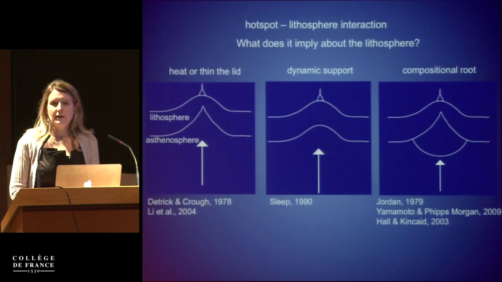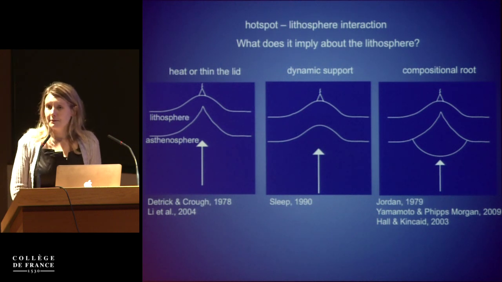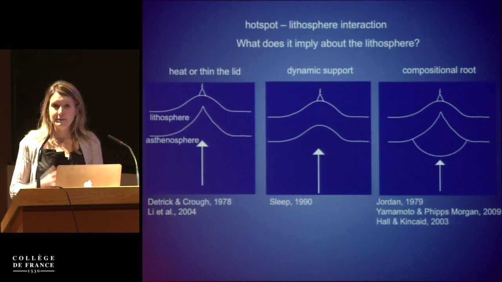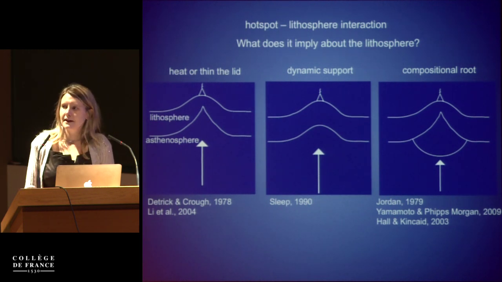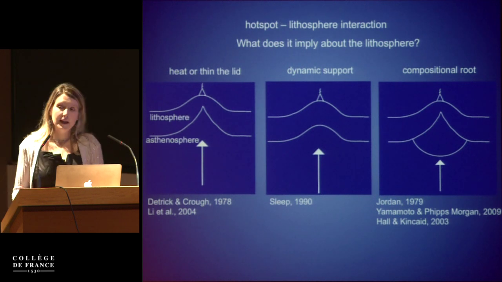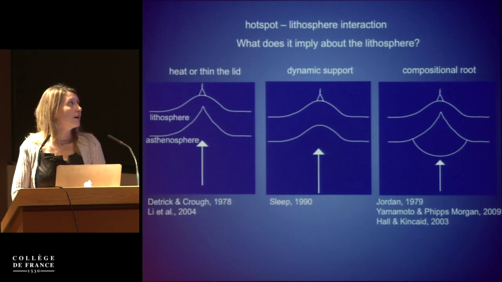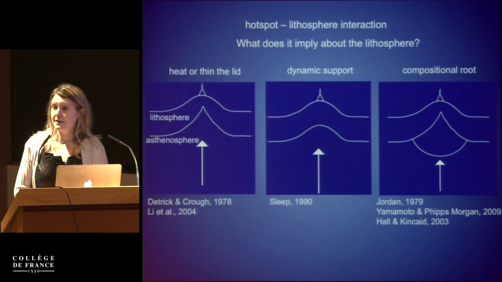And you might say, well, hotspots are a really strange place to look, since they're an anomalous region in terms of the entire oceanic plate. But the other way to look at it is that they're actually the ideal place to consider the mechanism that defines the lithosphere-asthenosphere boundary, since we predict different characteristics for the lithosphere-asthenosphere boundary depending on how that LAB is defined.